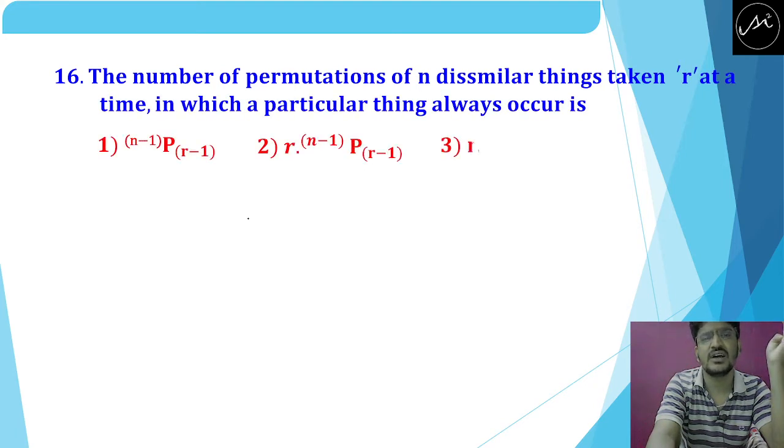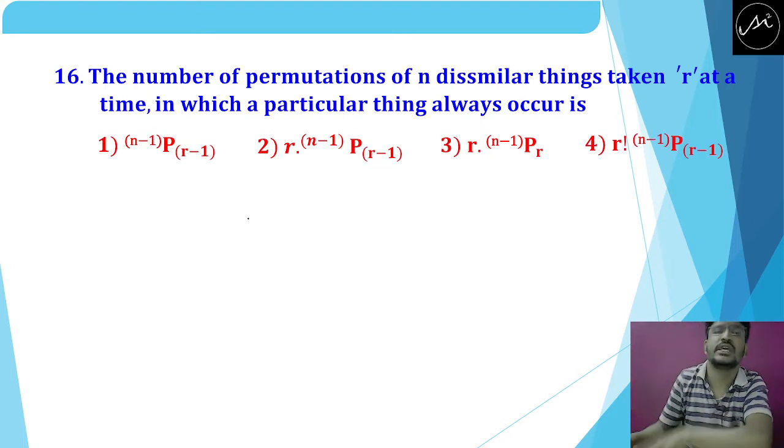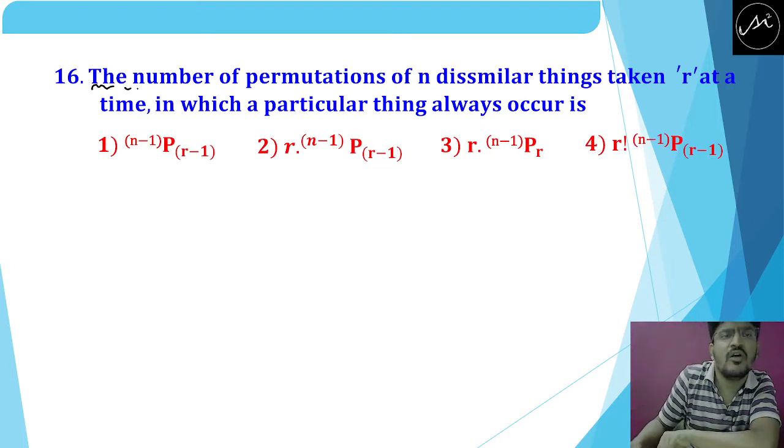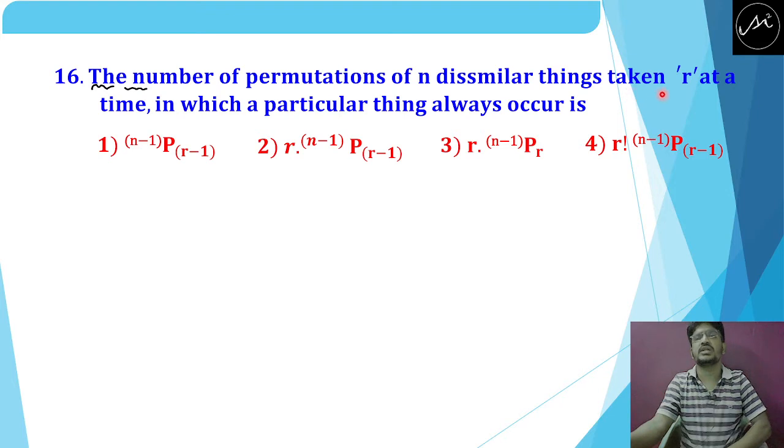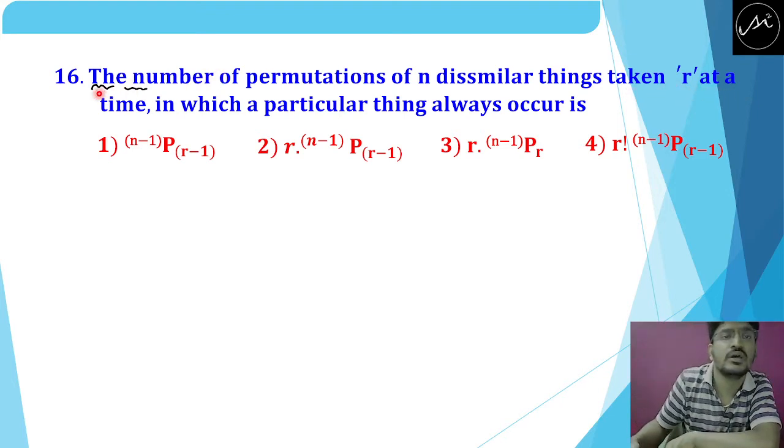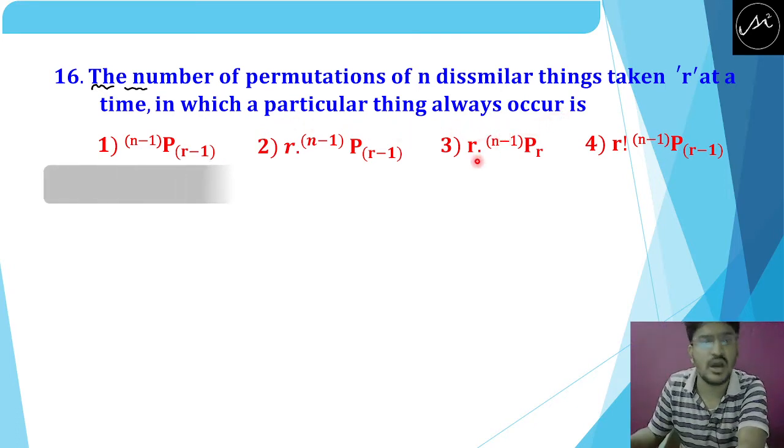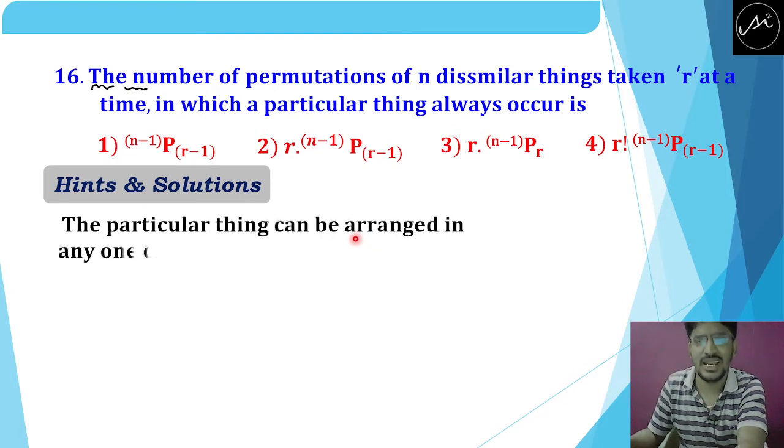So this is a straightforward formula: the number of permutations of n dissimilar things taken r at a time in which particular things always occur is. This is a directly straightforward formula.